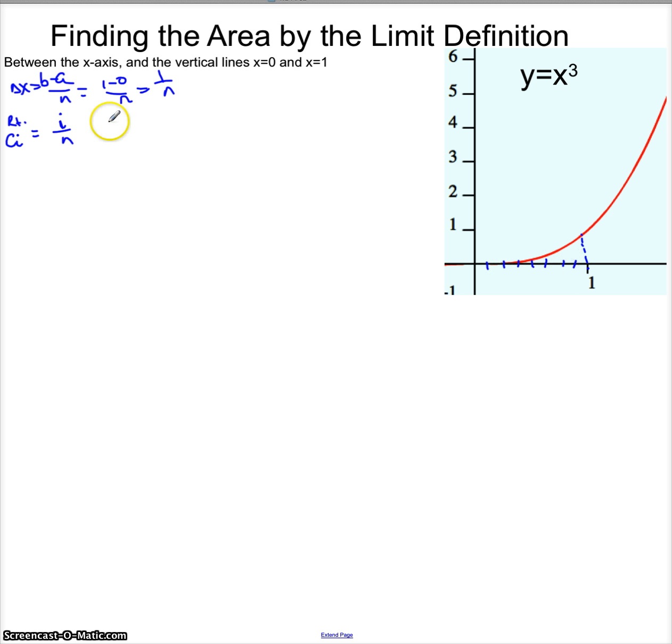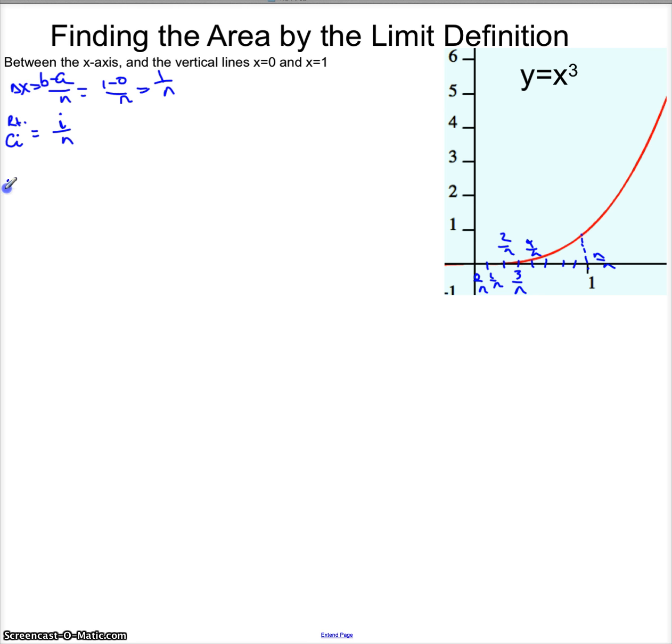So it's going to be i over n: 0 over n, 1 over n, 2 over n, that sort of thing. I'm not going to be this painfully slow on all of them, until we get to, of course, n over n, which is 1.